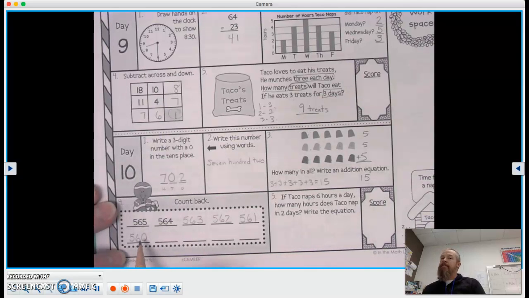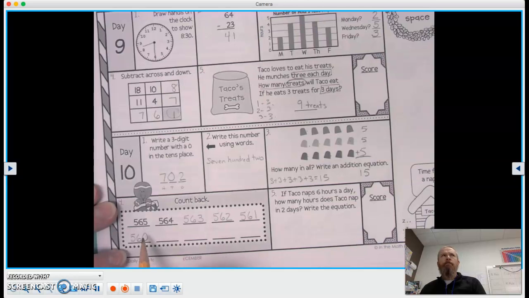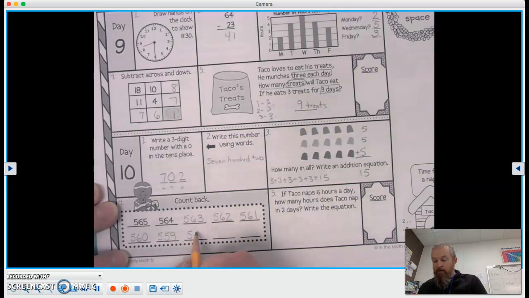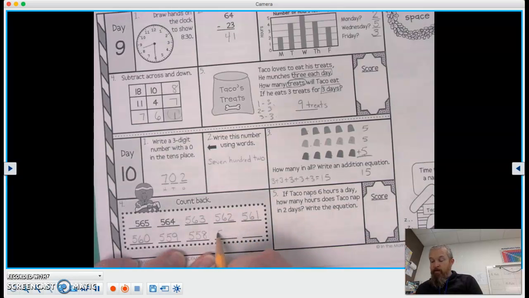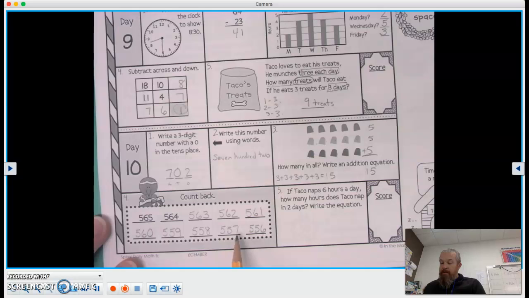What's 1 less than 60? 59. So 559, 558, 557, and 556. So it should go 6, 7, 8, 9, 0, 1, 2, 3, 4, 5.